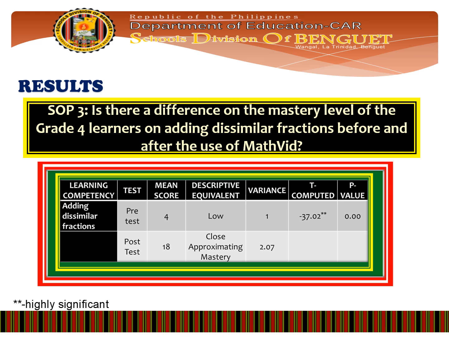Variances computed also show that the pretest scores of the learners have a higher variability than their post-test scores. These findings imply that the mastery level of the learners increased after using MathVid, which further suggests that the use of this intervention to the diverse learners is effective.